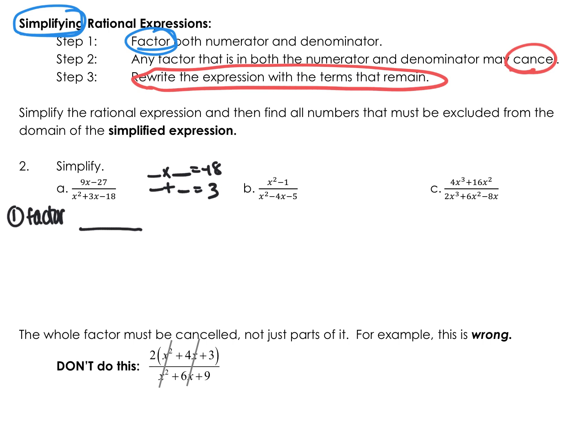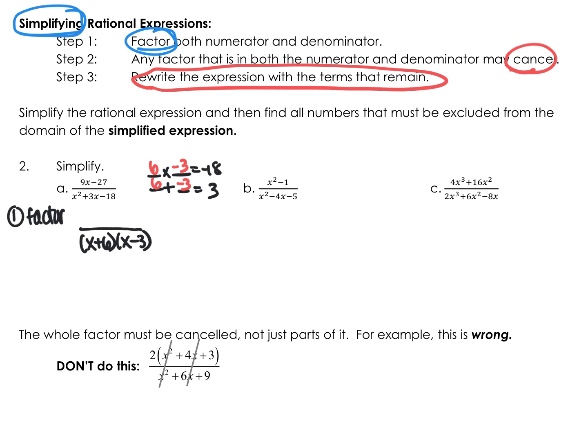Yes, we just did this one a second ago. So that's going to be a positive 6 and a negative 3 multiplied together to get negative 18. And when we make the 3 negative, that will add together to get 3. So the bottom will factor into x plus 6, x minus 3.